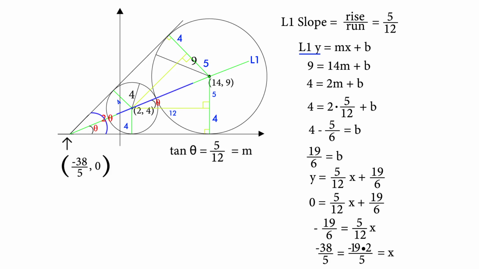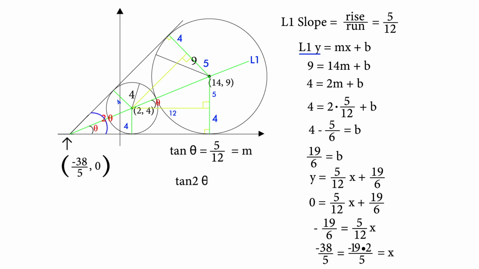Because this diagram is symmetric about this line. Everything on this side is exactly the same as that side. So therefore, that line from here to here that we denoted L1 cuts that big angle exactly in half. So it cuts 2 theta into half, making it theta.